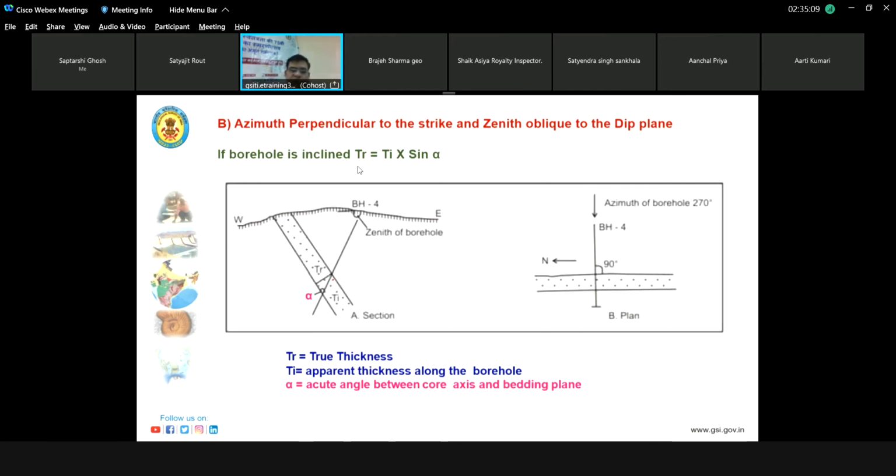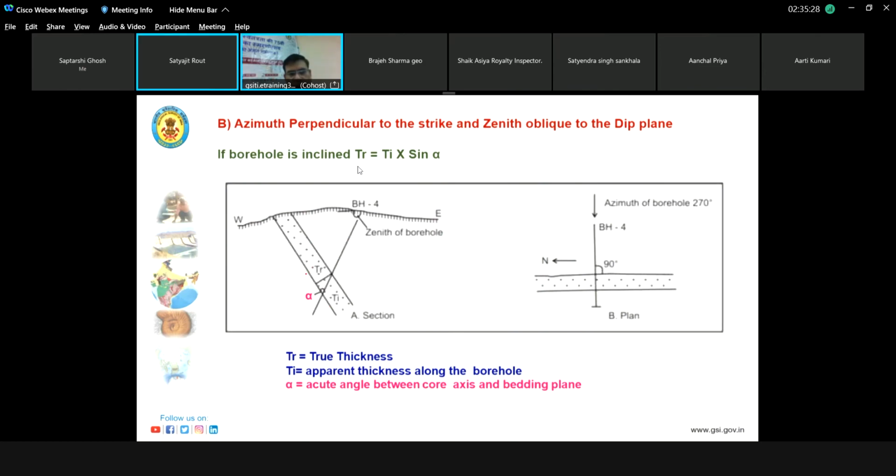If you are putting this, then you have to calculate the true thickness. So this is your apparent thickness. This angle is the core axis angle, the angle between the borehole and the ore body.